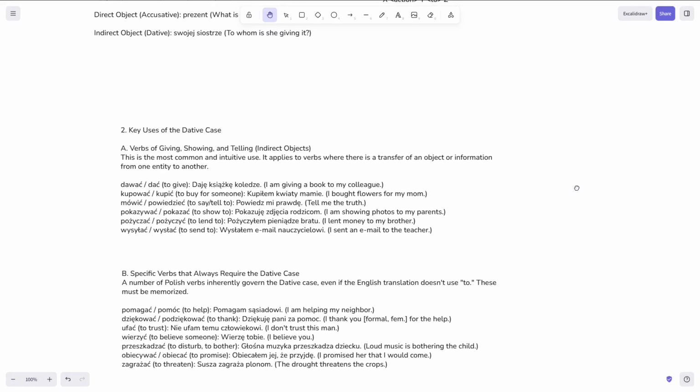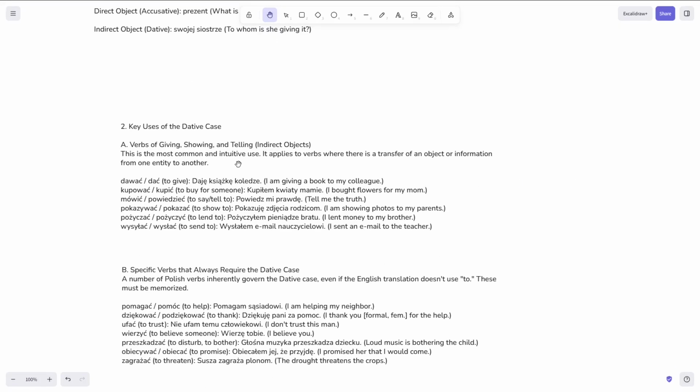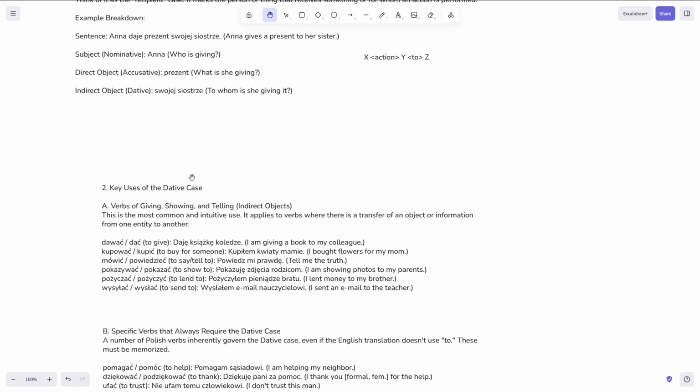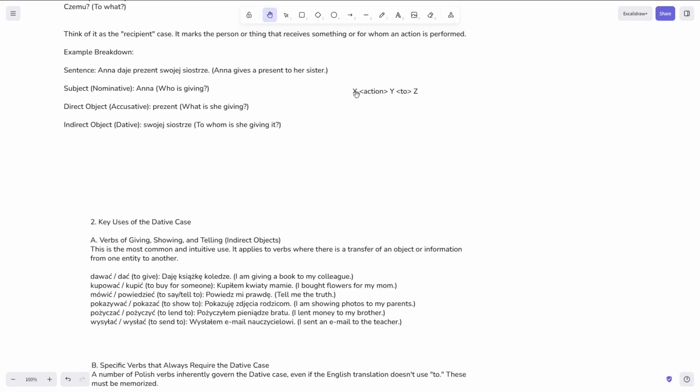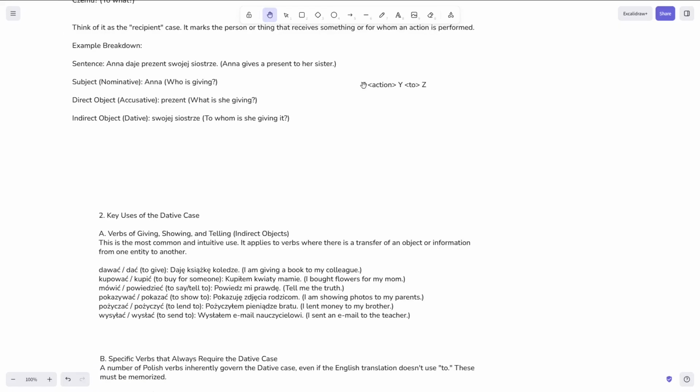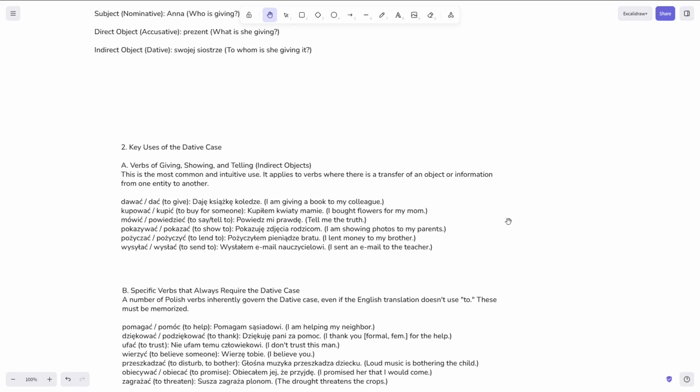Okay, so for example, to give, such as in the previous sentence, to give, because you can construct the sentence in a way that I give something to someone. The second one, which is to buy. Why?